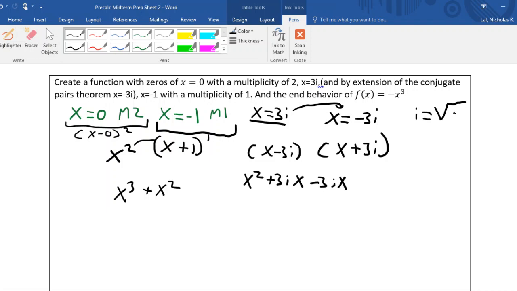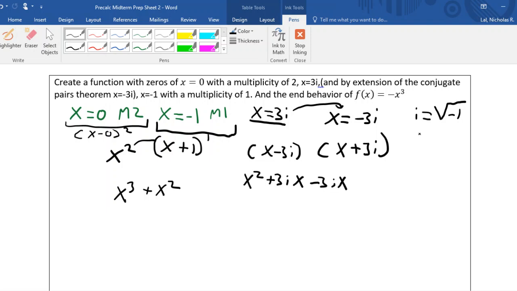Negative 1. So, guys, come on. We have our midterm on Thursday. I want you to be successful. That means you have to stay focused and stay engaged. I mean, would there be a more efficient way to review than doing this? Okay. I is the square root of negative 1.